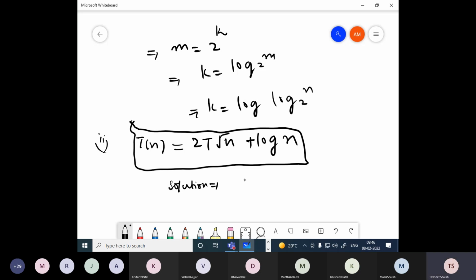Its solution is log n into log of log n. So try to make the necessary variable changes inside it using the same method which I used for the first one.